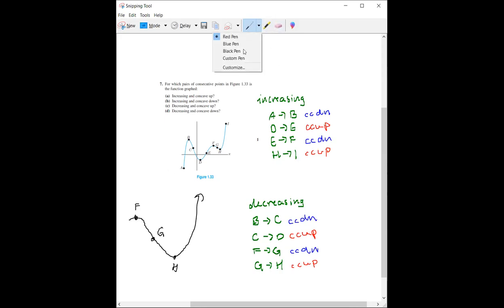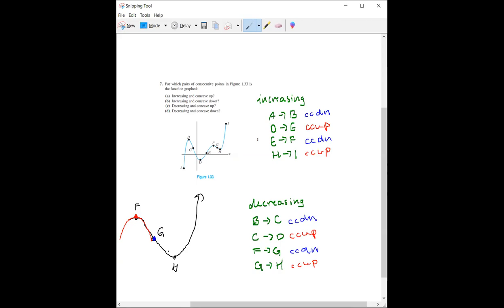It's good to recognize that curves basically have this structure where if you go up, you have a maximum right here. F we would call a maximum point, meaning it's locally the highest point among the points near it. That's always going to be associated with being concave down in the near vicinity. Then there's point G, which is an inflection point.